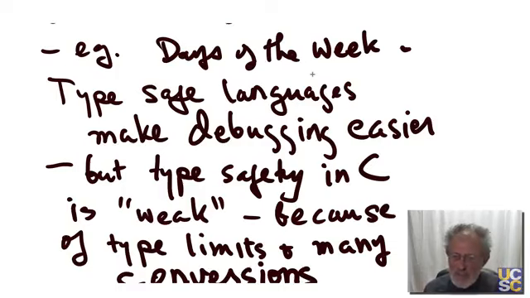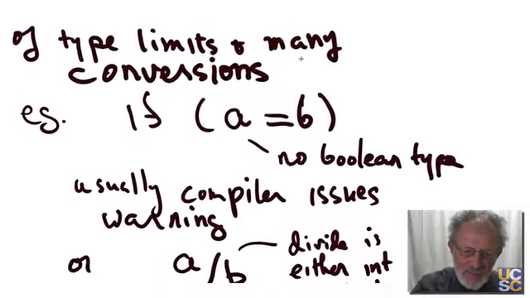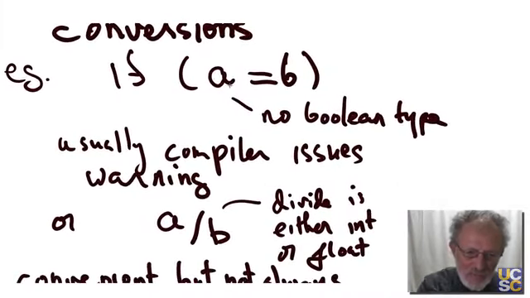Why is it thought that C is a weakly typed language? Well, it's because C allows a lot of funny things. Like in C, if you say if A equals B, expecting what conceptually is thought of as a Boolean expression, C doesn't have a Boolean type. So C looks at this and tries to translate it to zero or non-zero. That's how it uses true or false.